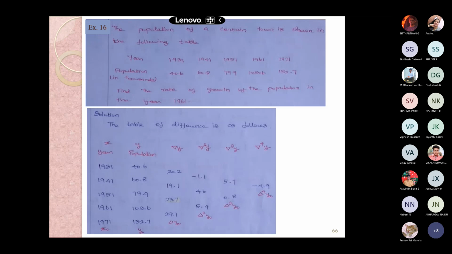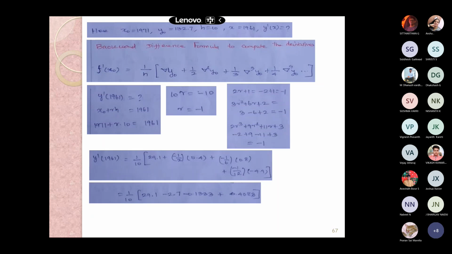For forward interpolation, the top values have to be taken, and while doing backward interpolation, we need to be conscious of the bottom values. It is very similar to the earlier problem and the backward difference formula, and these are the procedures to find the results.